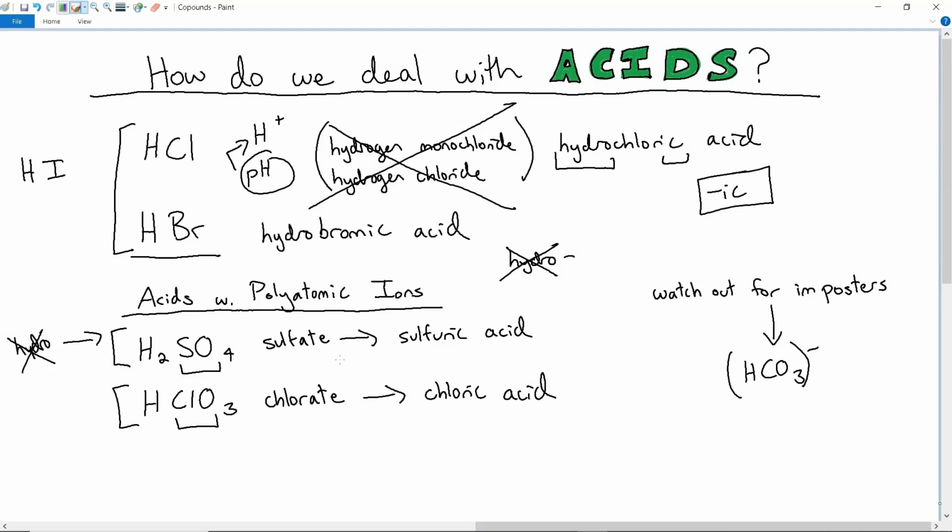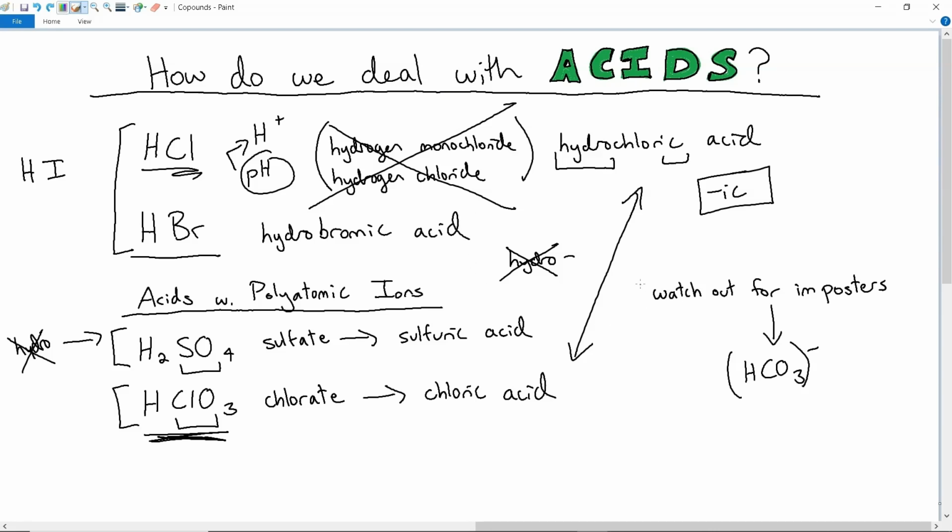And it's very important to know the difference between naming a simple acid and an acid with a polyatomic ion, because let's compare these two names, right? If I put the hydro in front of chloric acid, I know I'm dealing with HCl, but if I drop the hydro, I know I'm dealing with this right here, HClO3.